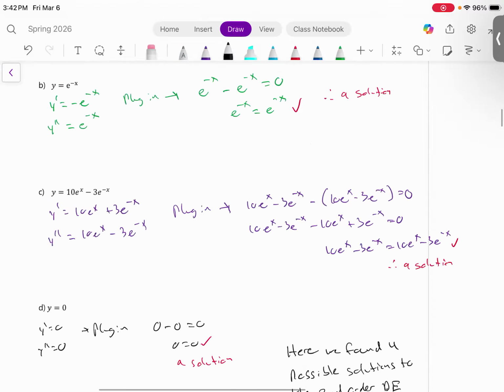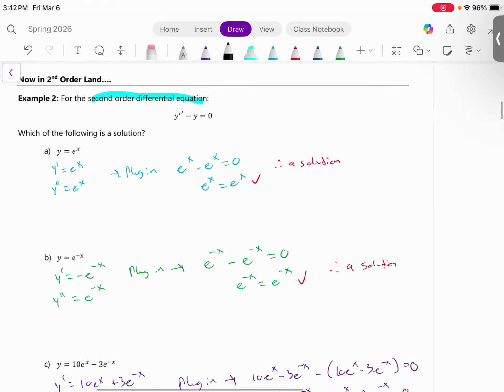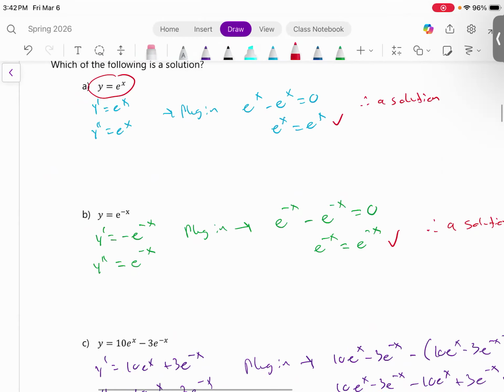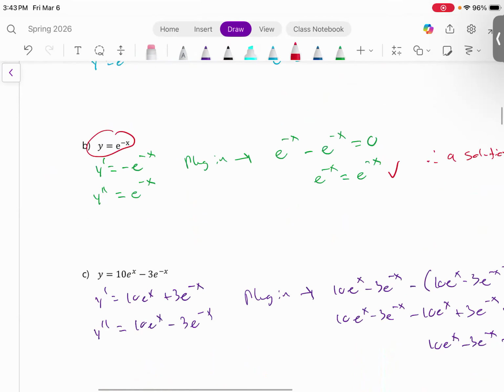How was that? In example A, we found that e to the x is a solution. Then in example B, we found e to the negative x is a solution. And then in example C, we found 10 e to the x minus 3 e to the negative x is also a solution.